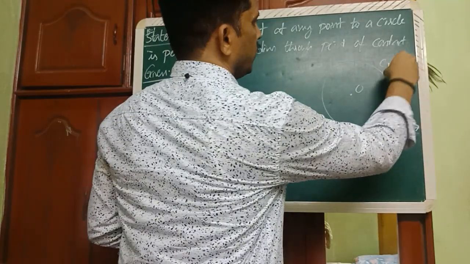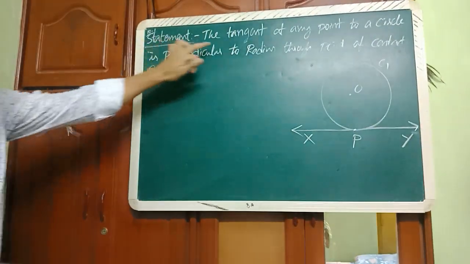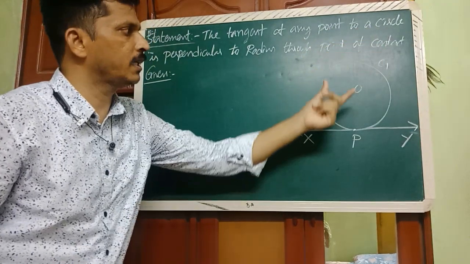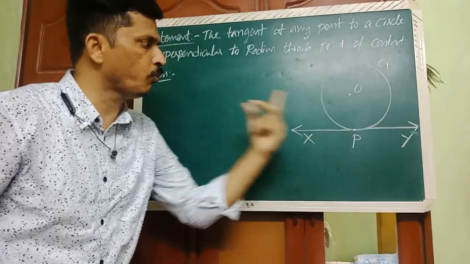This is circle C1. What is given? The tangent at any point to a circle. They give a circle, a tangent and a point.